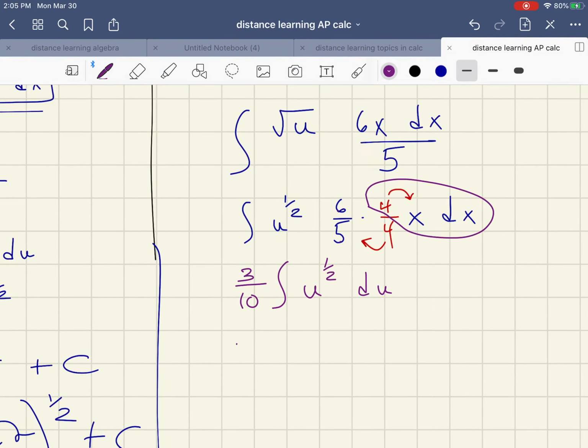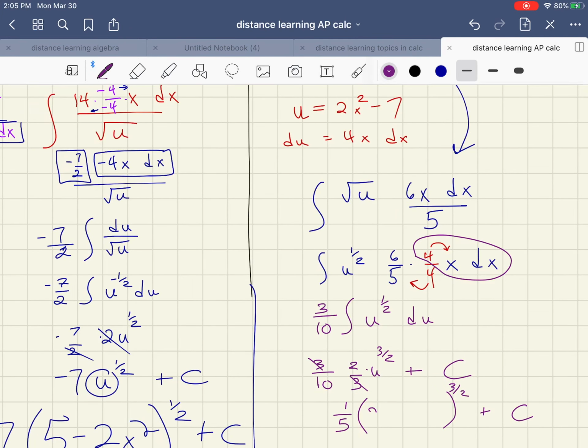Time to integrate. U to the half becomes u to the 3/2. I multiply that by the reciprocal, 2/3. 3's cancel, 2 cancels the 10. I get 1/5 times whatever u was. Here's my answer.